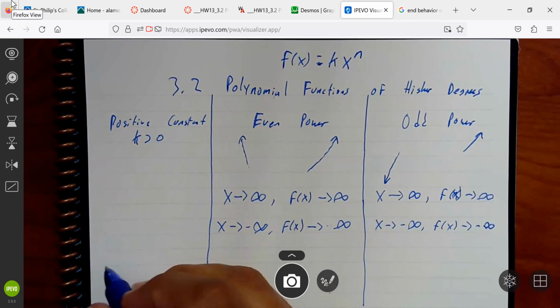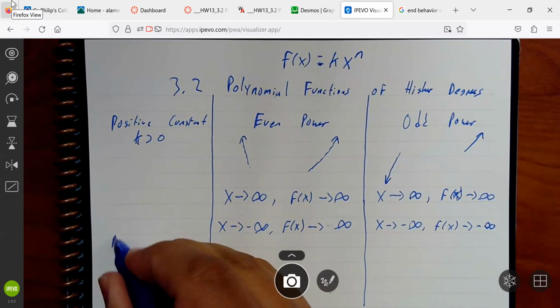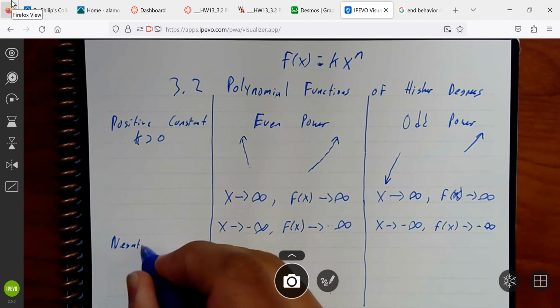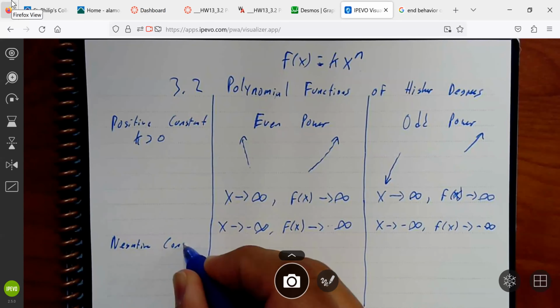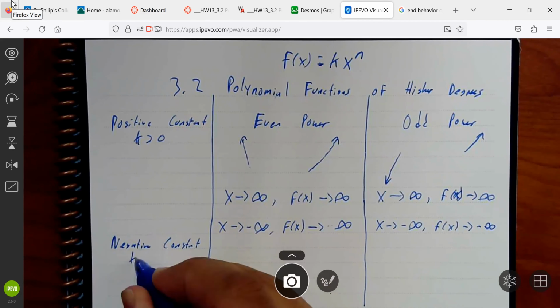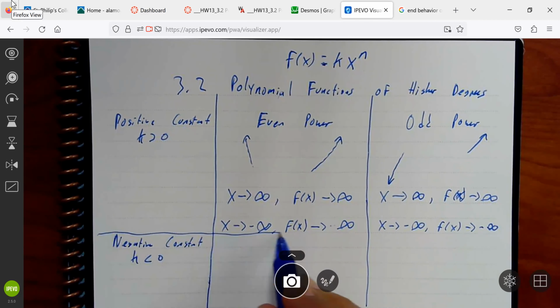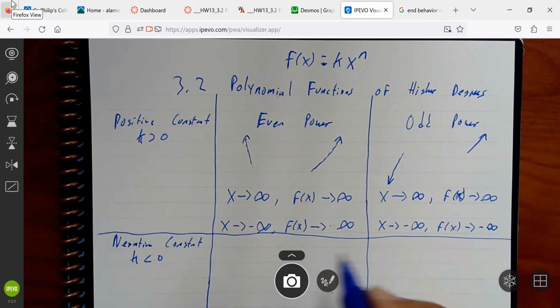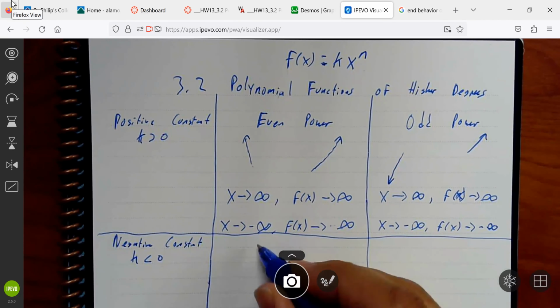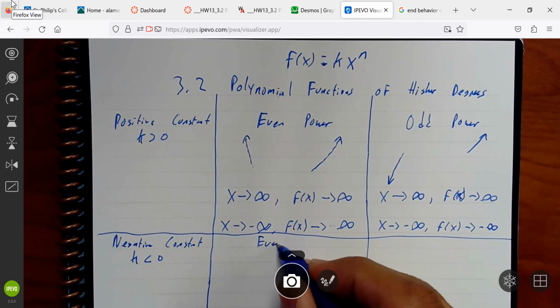Now, for negative constant, if k is less than 0, right? Same thing for the even power.